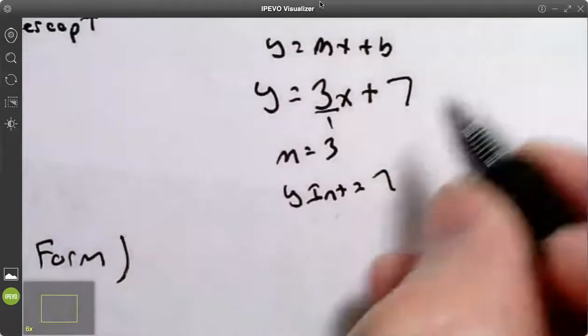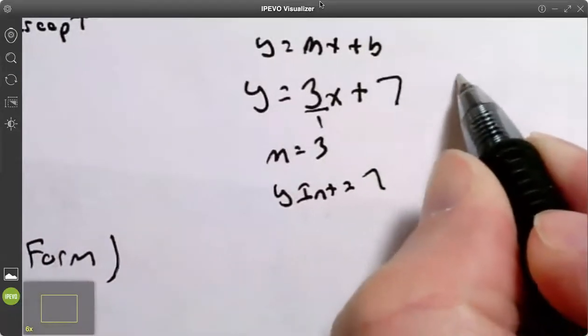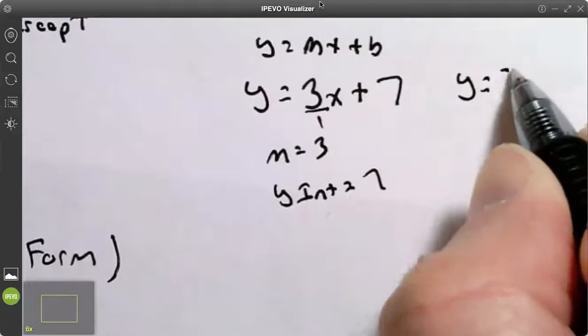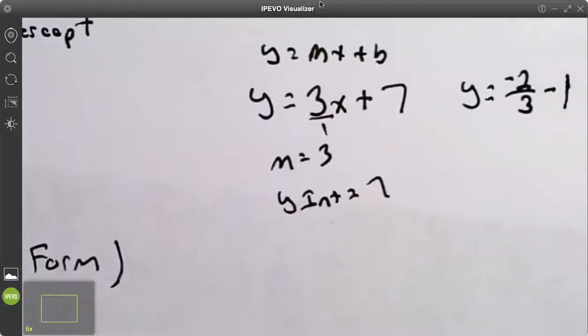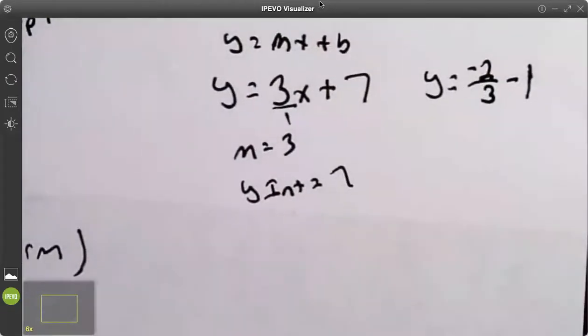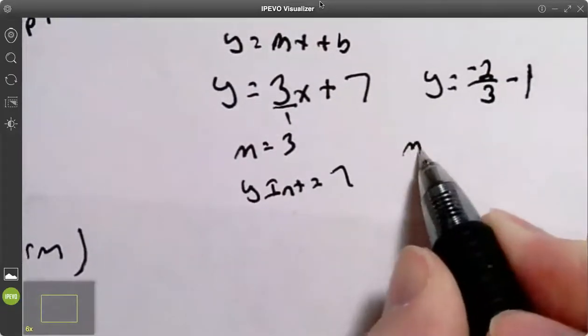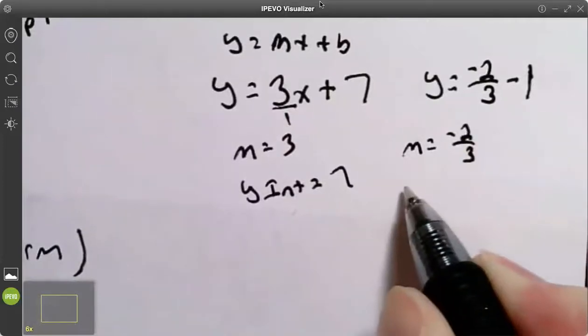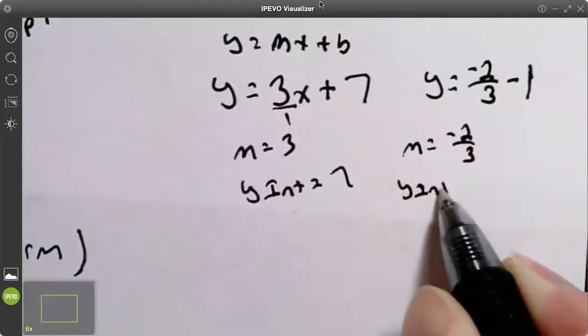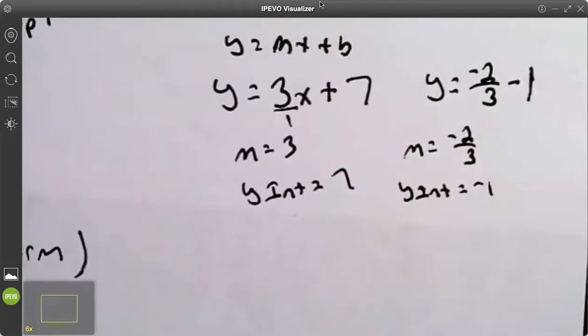Let's look at another one. If the equation was y equals negative 2/3 x minus 1, then my slope I would write as negative 2/3, and my y-intercept is negative 1.